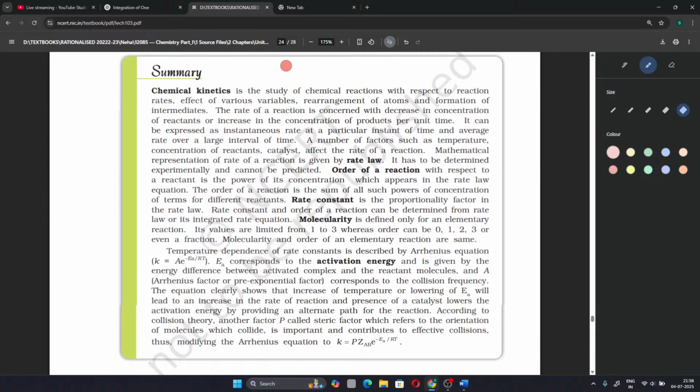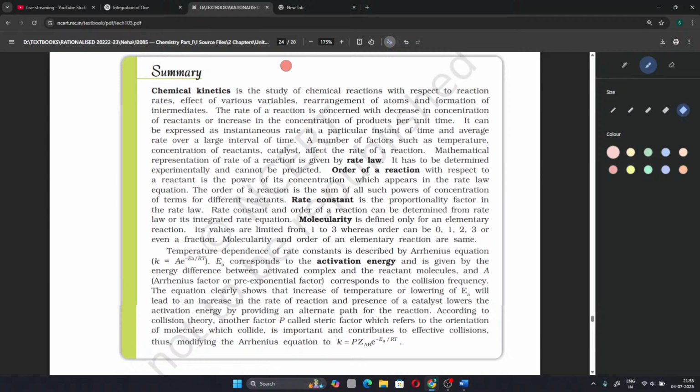And A, Arrhenius factor or pre-exponential factor, corresponds to the collision frequency. Collision frequency is the number of collisions per volume per second. The equation clearly shows that increase of temperature or lowering of activation energy will lead to an increase in the rate of the reaction, and presence of the catalyst lowers the activation energy by providing an alternate path for the reaction.